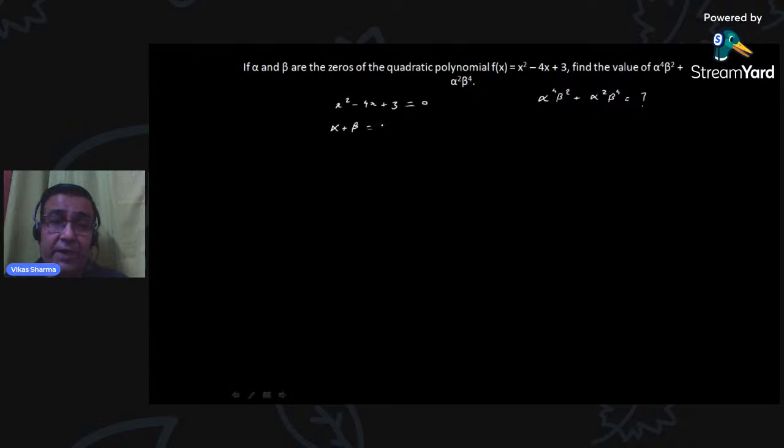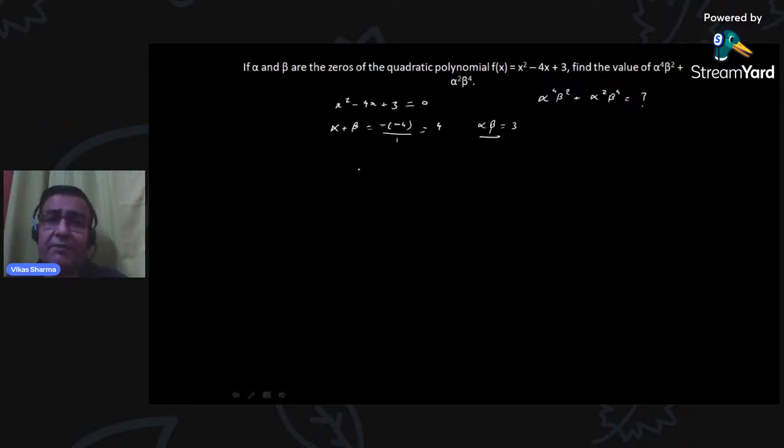So negative b is minus of minus 4 upon 1, which is equal to 4, and alpha beta is c upon a, which is 3 upon 1 or only 3.